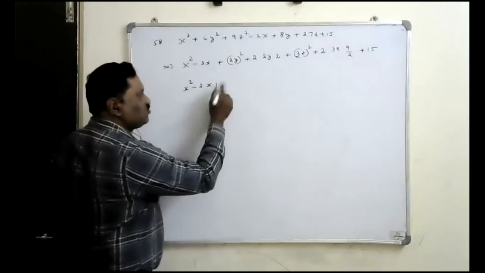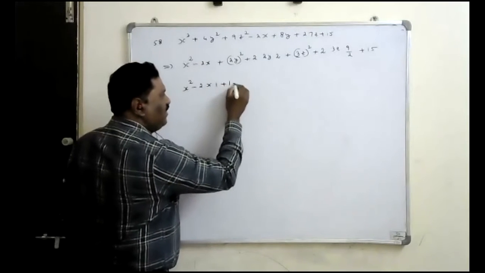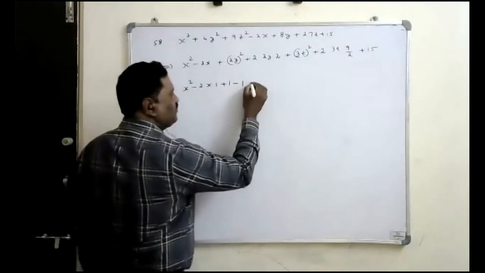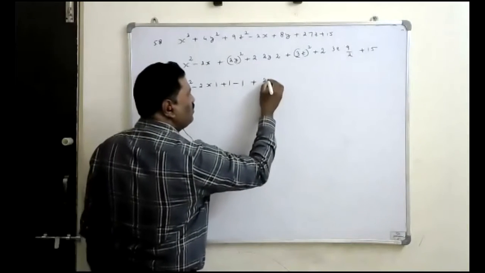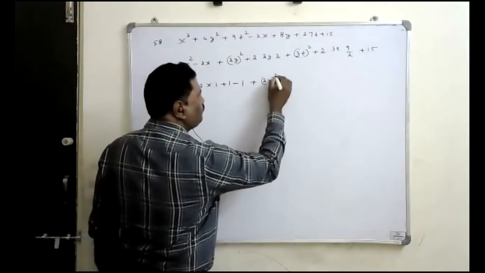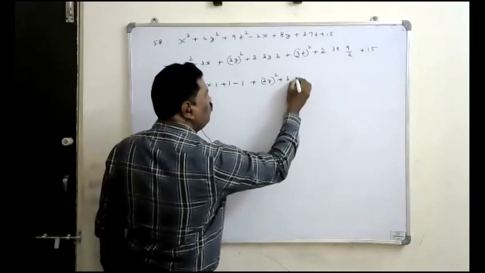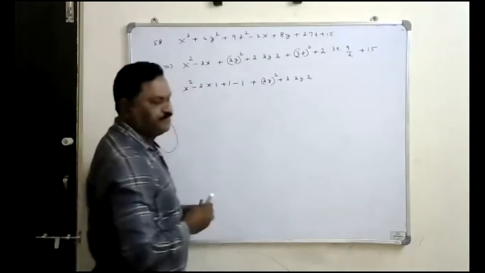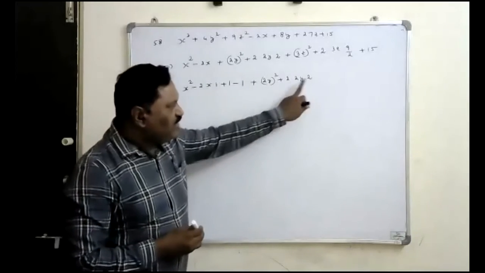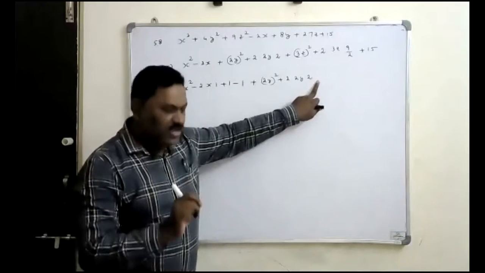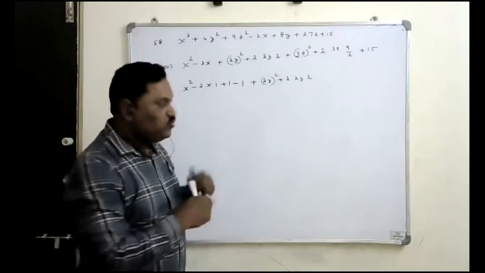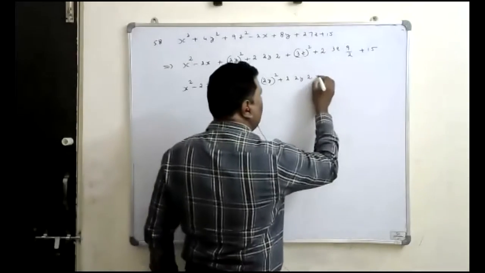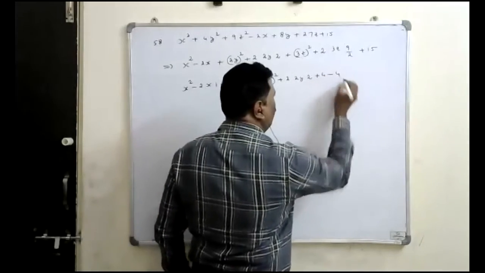B square means 1 square, that is 1, add it and subtract it. Plus, here it is 2y whole square plus 2 into 2y into 2. It is in the format of 2ab form. Further we want b square. B square means 2 square, add it and subtract it, means add 4 and subtract 4.